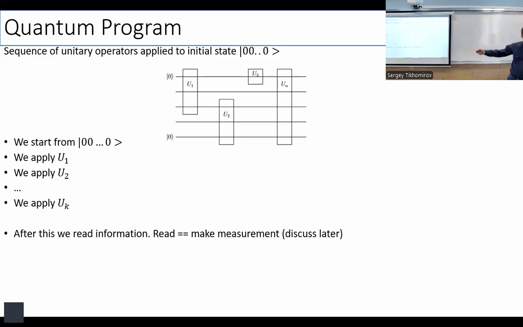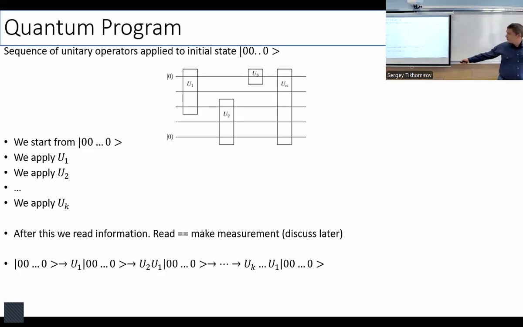Because up to now, I do not go far beyond classical computers. I am still in the same philosophy. I have a state, I can apply some operation to it. It happens that this is linear, it happens that it is reversible, but this is still the same idea. But the measurement would be different. I put the measurement here in the end. It's not necessary in the end. You can put it in the middle, but for simplicity, now let us think of it at the end.